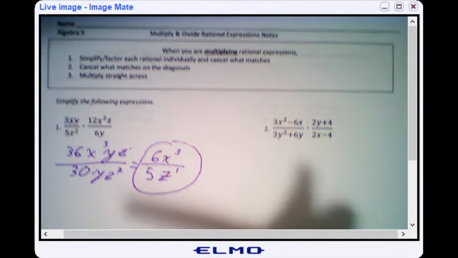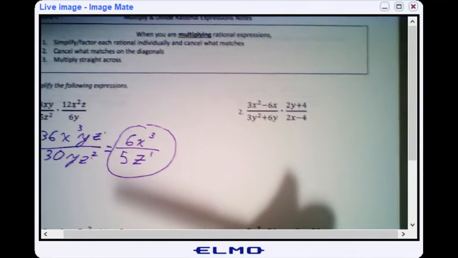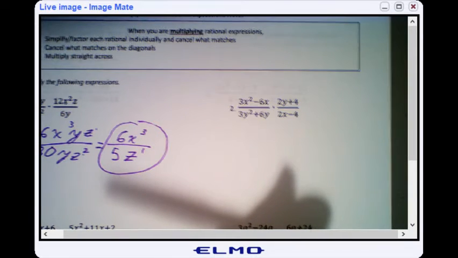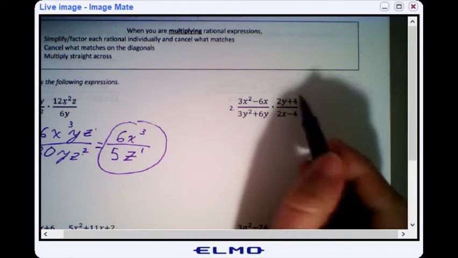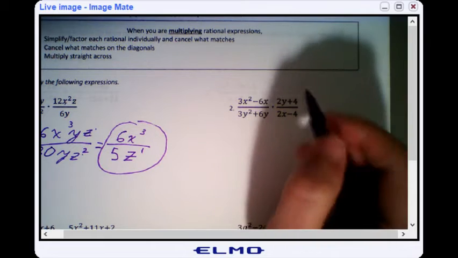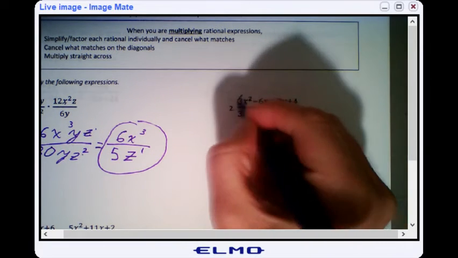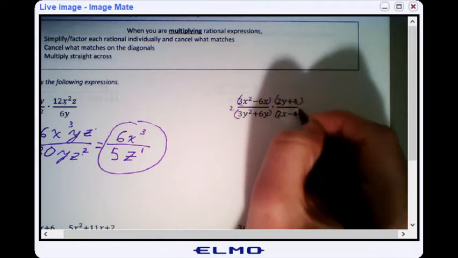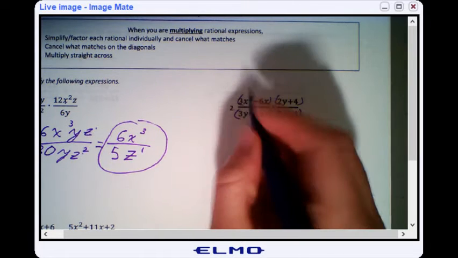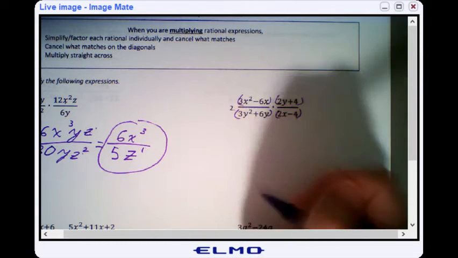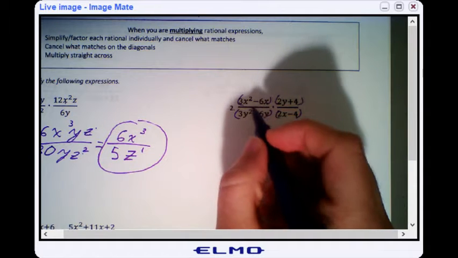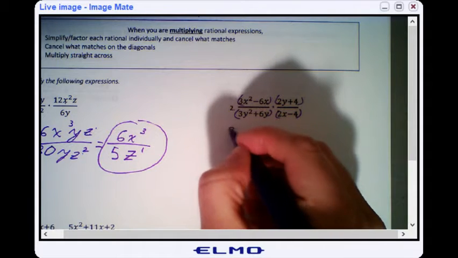For 2, we have a binomial being divided by a binomial, and then another binomial divided by a binomial. So the first thing we're going to do is realize, oh yeah, these are groups. We're going to factor first. So when I factor the numerator for the top left, it has a GCF of 3x.